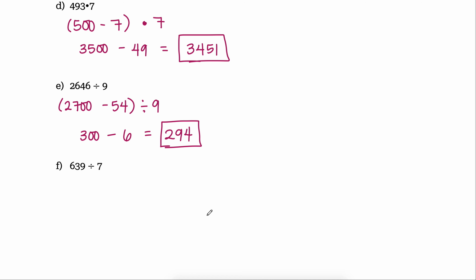And then the last one. The last one is probably the trickiest of all because there is going to be a remainder here. So what I'm going to do with this 639, I'm going to break it down as 630 because I can divide that by 7, plus 7, I can divide that by 7, plus 2, there's my remainder.